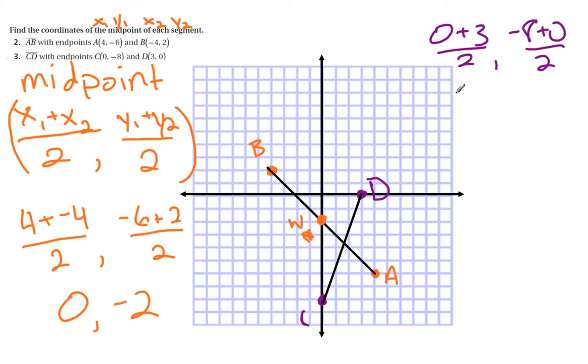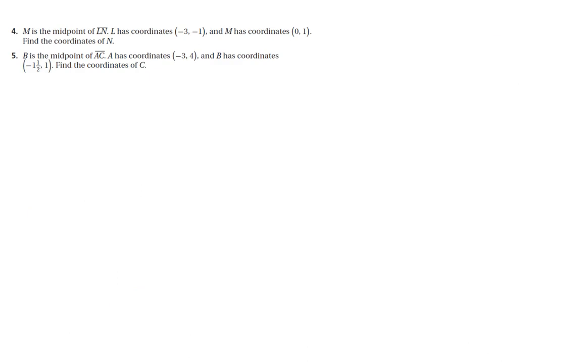So 3 divided by 2 is 1.5, and -8 divided by 2 is -4. So we'd say 1.5, 1, 2, 3, almost, not quite. And we'll call this H for how easy was that? Am I right?